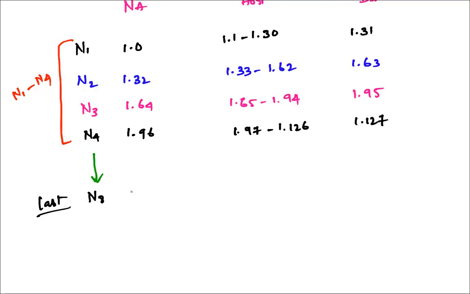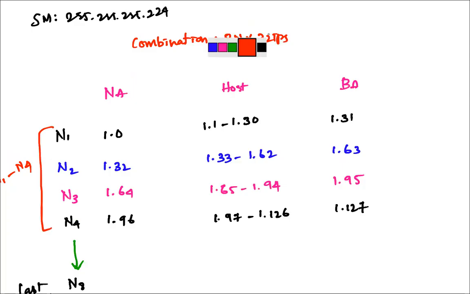Now, many people have a problem in finding this out. What will be the last network? If you are writing sequentially, then you know what will come. But if you directly want to jump to the last network, it's actually easy. How many IPs are we going to have in a network? 32 IPs, right? So which means you have to subtract from 256. Take 256, don't take 255.